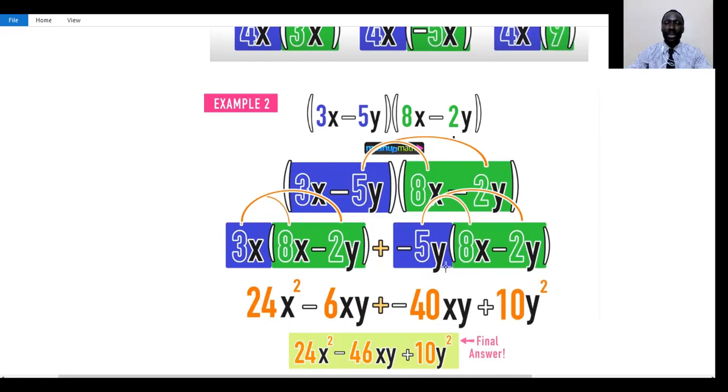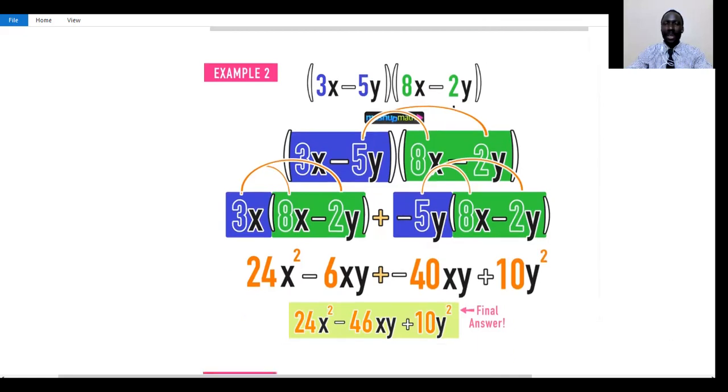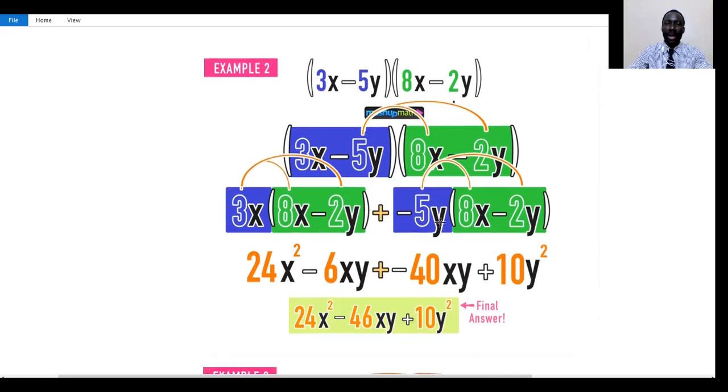Then we have y squared for y times y, and xy for y times x. We could have written yx, but it's the same thing. With multiplication, you can put one number in front of the other. There is no problem. It's called the commutative property of multiplication.